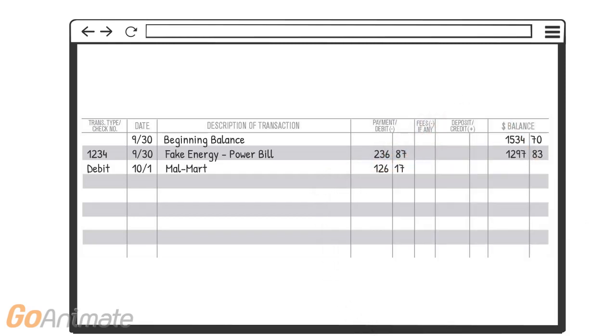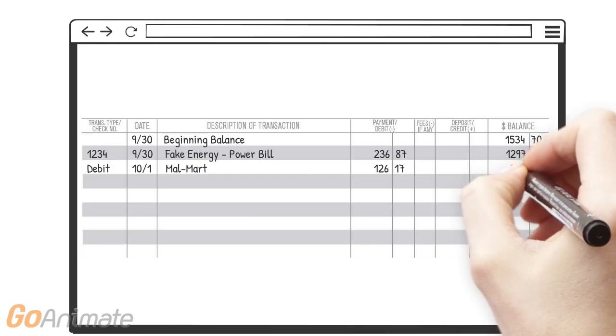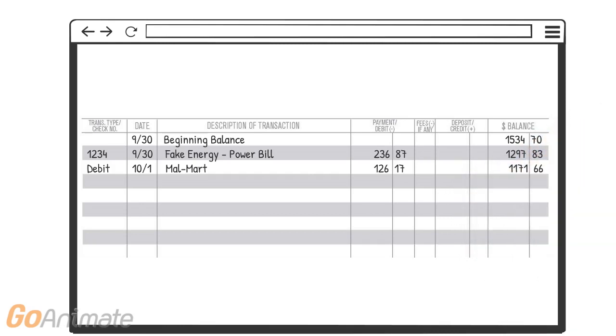Wow, we only spent $126.17 on our groceries. And since this was a debit from the account, we record this in the payment debit column. Again, there are no fees with this transaction and it wasn't a deposit, so we simply subtract the amount we spent from the balance on the previous line and record our new balance.